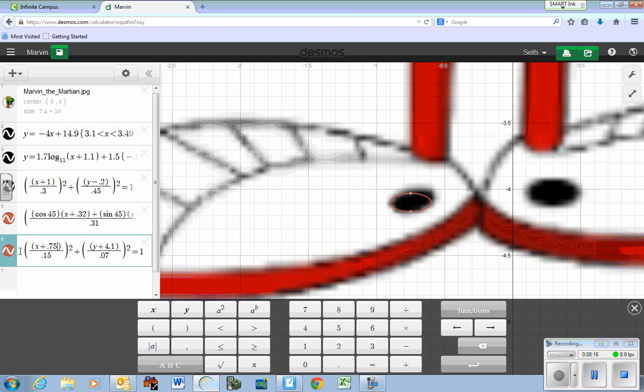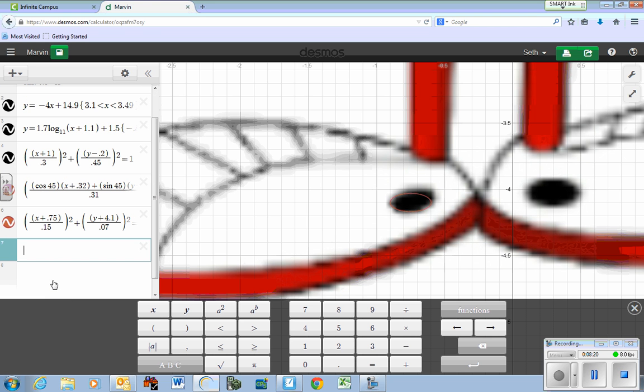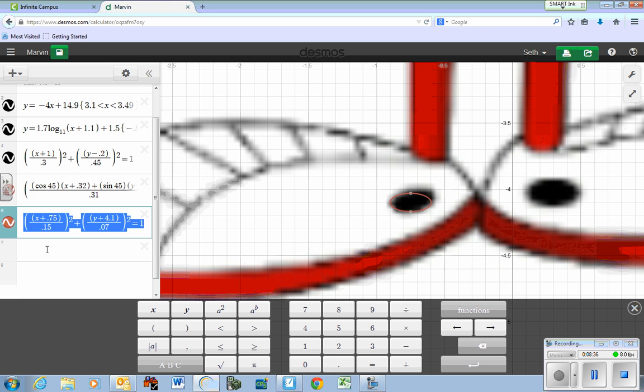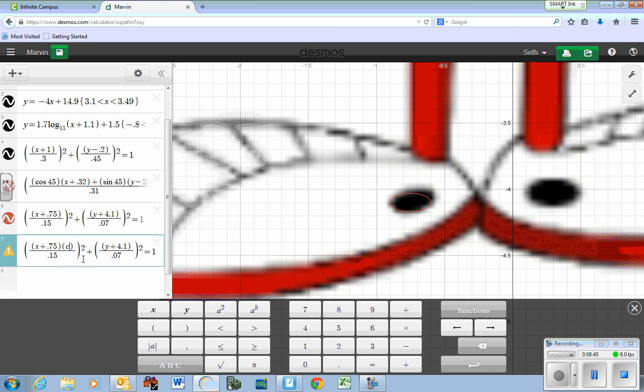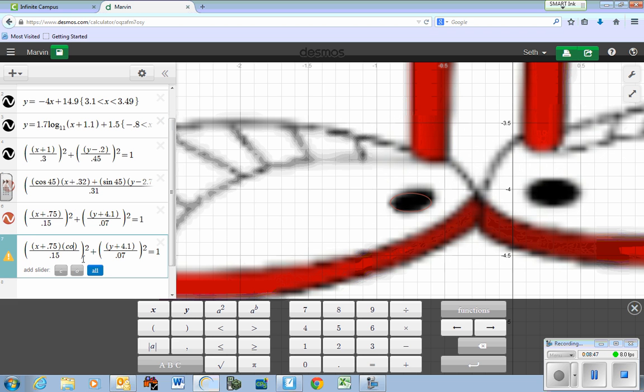So I'm going to replace that x right there. I'm going to actually do this again so we can see the one I started with. The x plus 0.75 that I have right there, I need to replace that with x plus 0.75 times the cosine of the number of degrees that I want to rotate this thing.